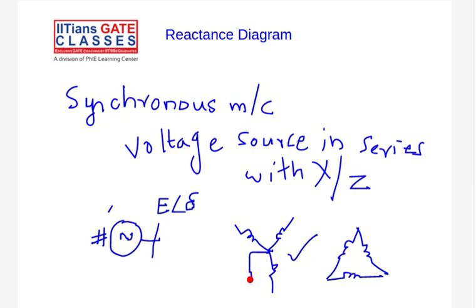So when it comes to the neutral, there are different possibilities. It can be connected to ground, right? This is called solid grounding. It can be not connected to the ground, just left open, like a simple three phase. Or it can be connected to ground via a reactance or an impedance. So it's called impedance grounding.